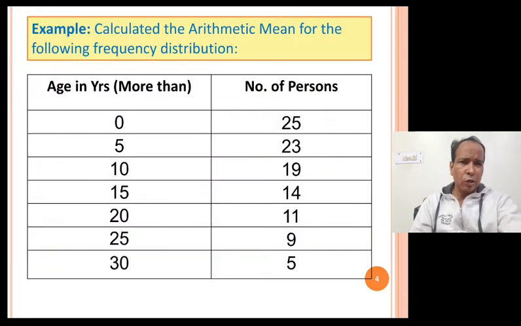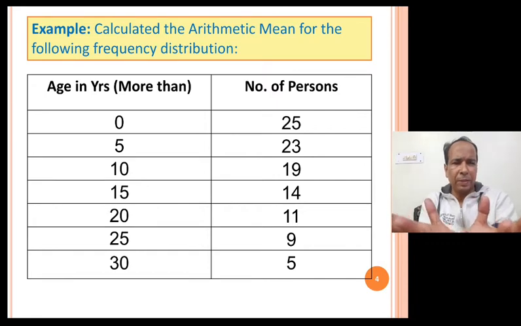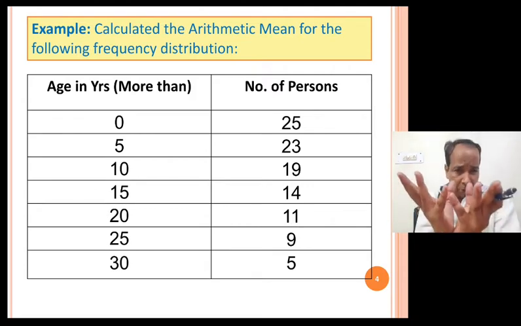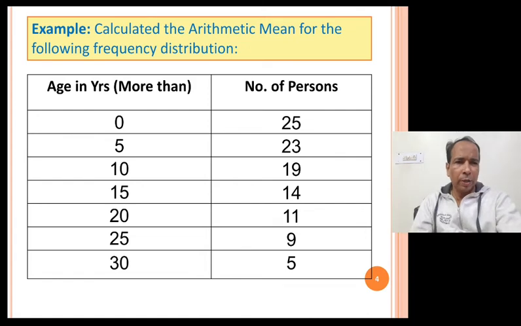Here, more than 0, 25 people. More than 5, 23 people. So how many persons will be from 0 to 5? More than 5, 23. More than 0, 25. If we reduce 23 from 25, what value will we get?